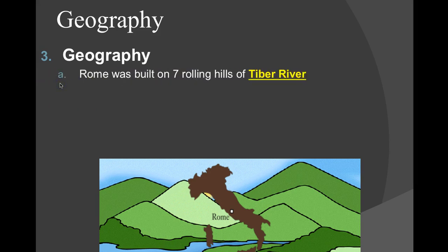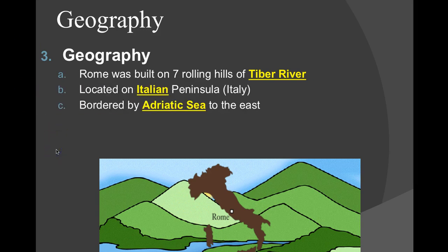Specifics about the geography of Rome. As I mentioned, there are 7 hills around the Tiber River at this location. That is where the city of Rome rests. And again, it's on the Italian peninsula. To the east of it, not too far away, the Adriatic Sea.